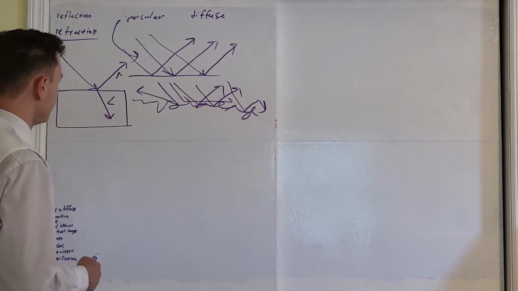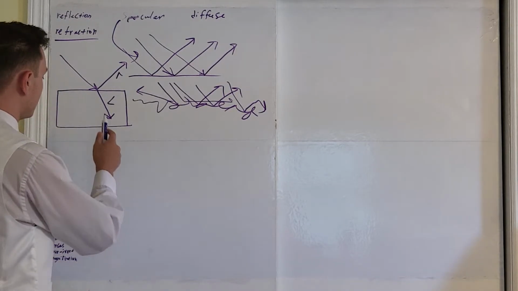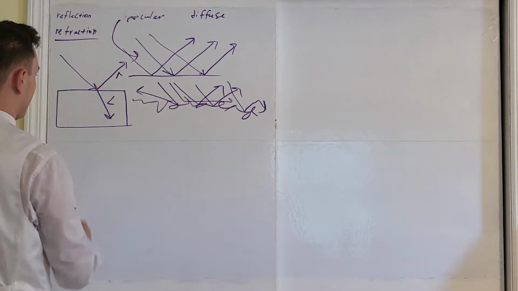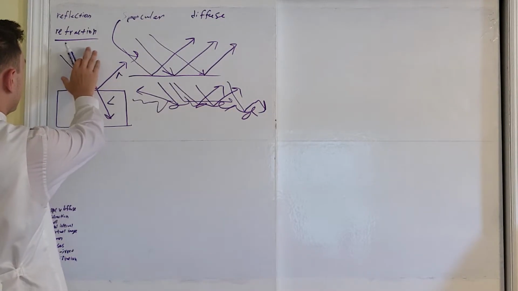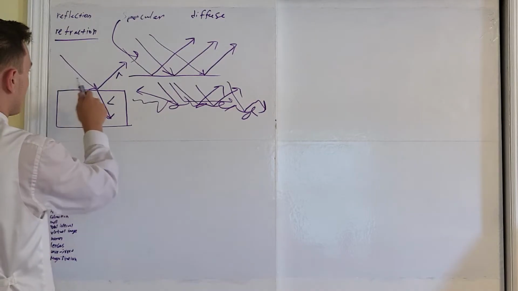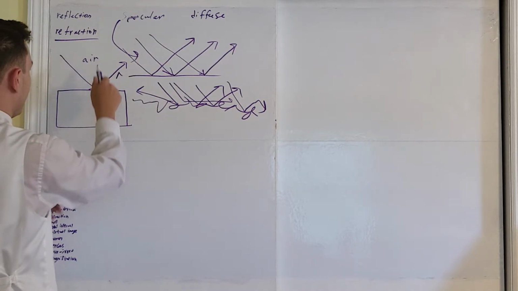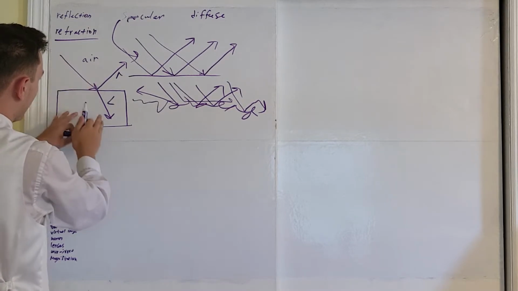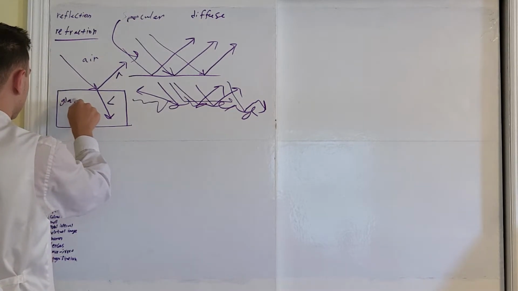So refraction is the occurrence of when light travels from one medium to another. Keep in mind out here, the light is traveling through air, and then at this interface, the light transitions from air to, in this case, glass.